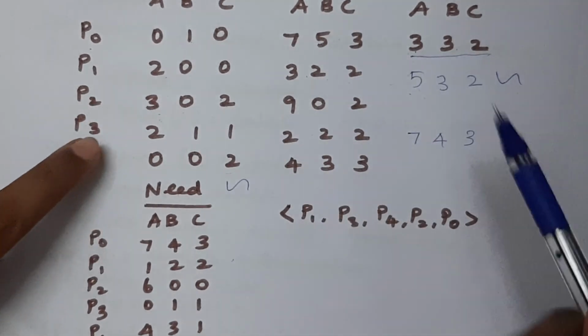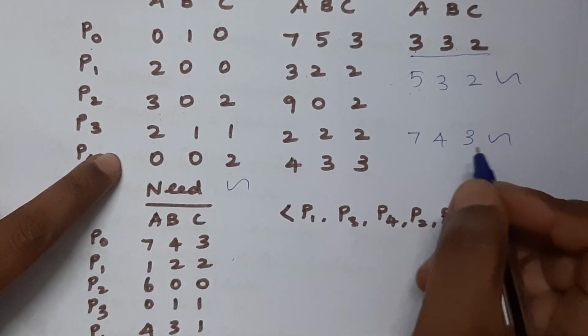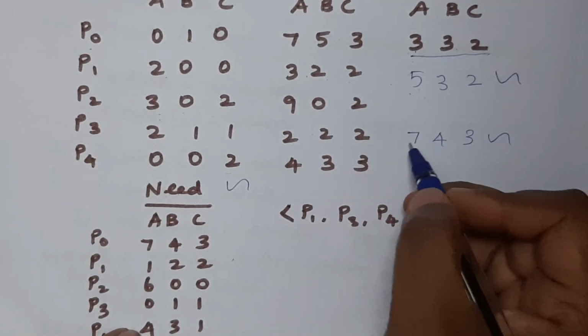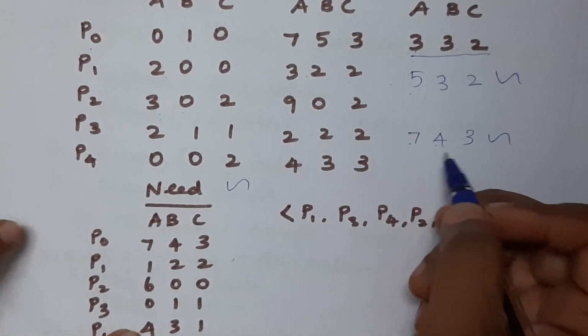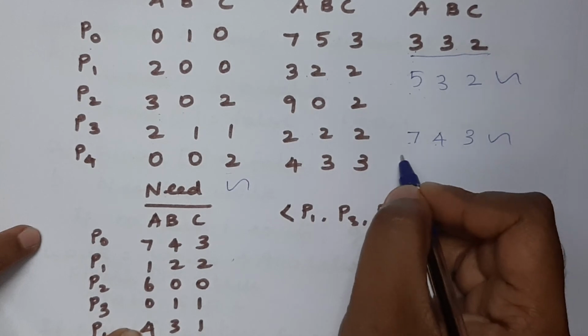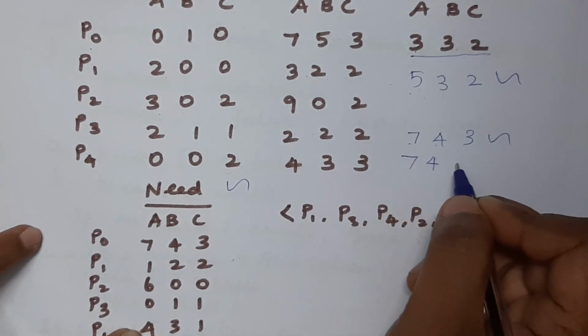Okay, the next one, so P3 has also been completed, and the next in sequence is P4. P4 need is 4, 3, 1, which is lesser than the availability, so we can allocate it. So after the allocation we will be getting the number of resources 7, 4 and 5.